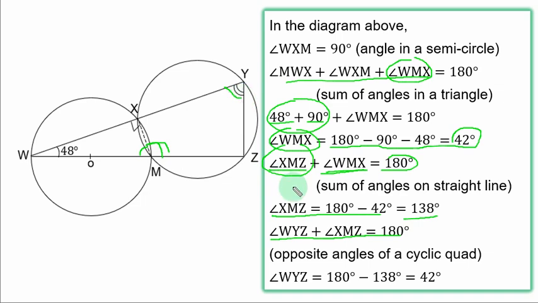The reason is that opposite angles of a cyclic quadrilateral, we are interested in this angle, so you transfer this, which is 138, to the right hand side, and you have angle WYZ equal to 180 degrees minus 138 degrees, and that is 42 degrees. Let us look at question 11C.